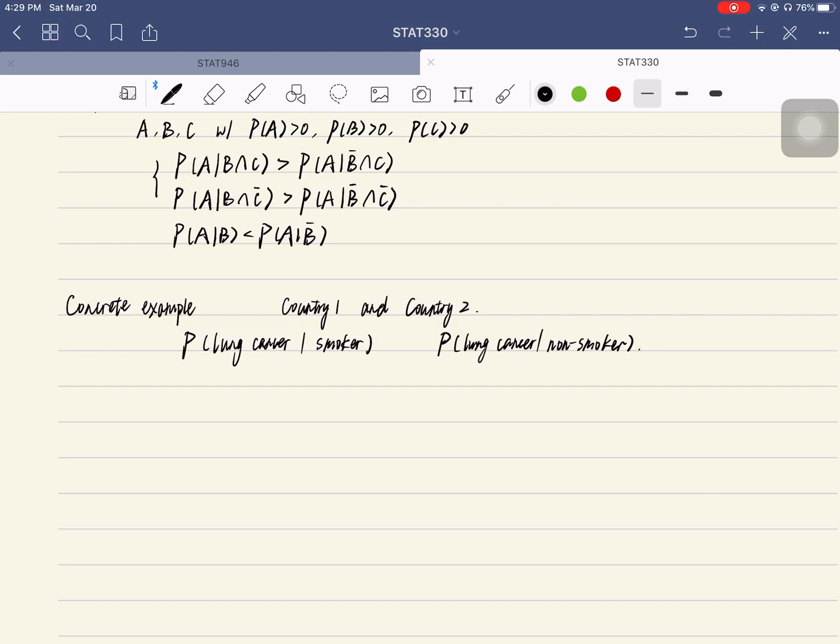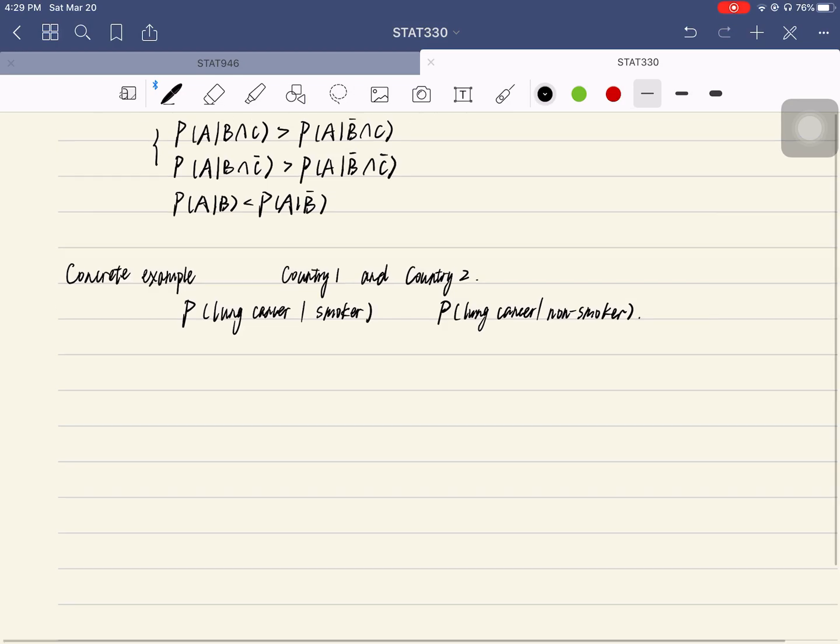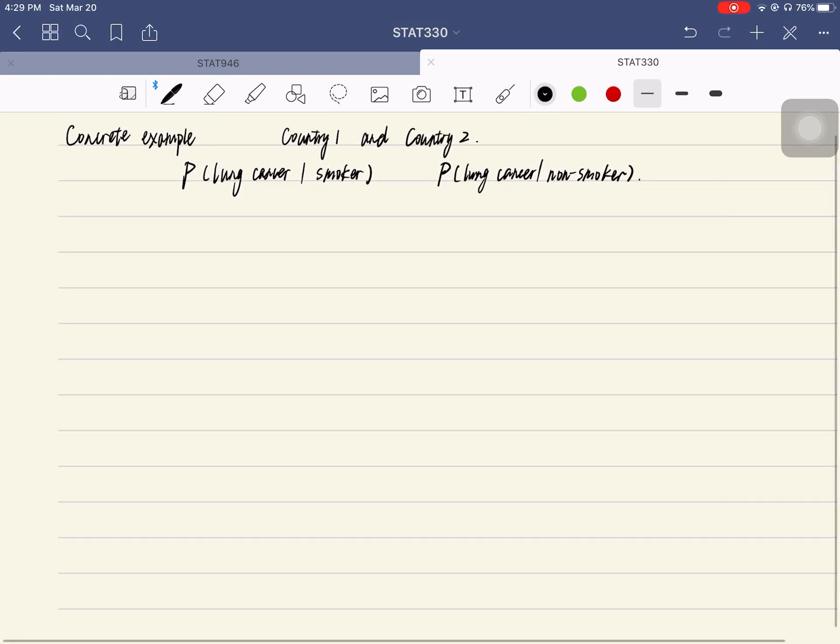We need to justify this inequality, so we do a survey and collect data from both country 1 and country 2. What exactly is the data we have on hand?